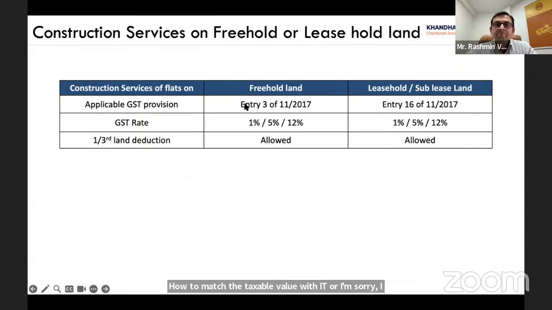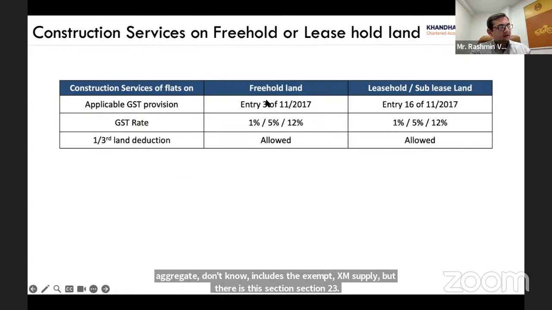If the maintenance is below 7,500 per month, but above 20 lakhs, is GST registration required, as aggregate turnover includes exempt supply? Yes, I agree that aggregate turnover includes the exempt supply. But there is section 23, which says that if there is only exempt supply, then you are not required to take any registration.